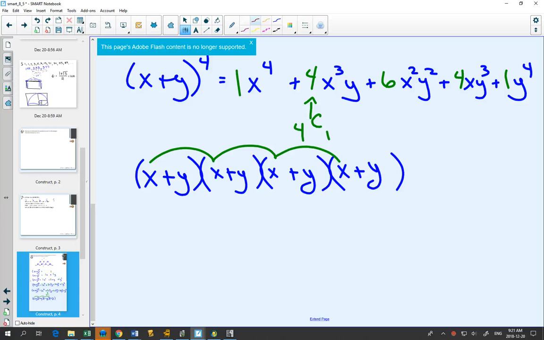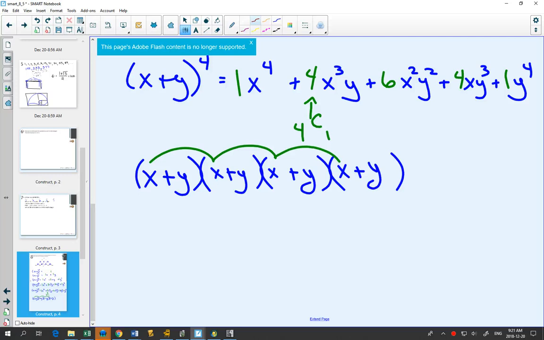And I want to get 1y. How many y's are there? There's 4 of them. And I need to choose one of them. How many ways can that be done? 4 choose 1. So there's going to be 4 times that a y gets multiplied with 3 x's.